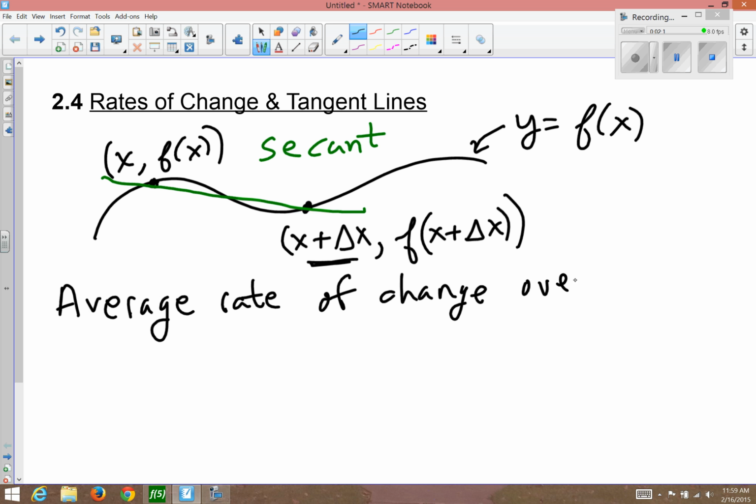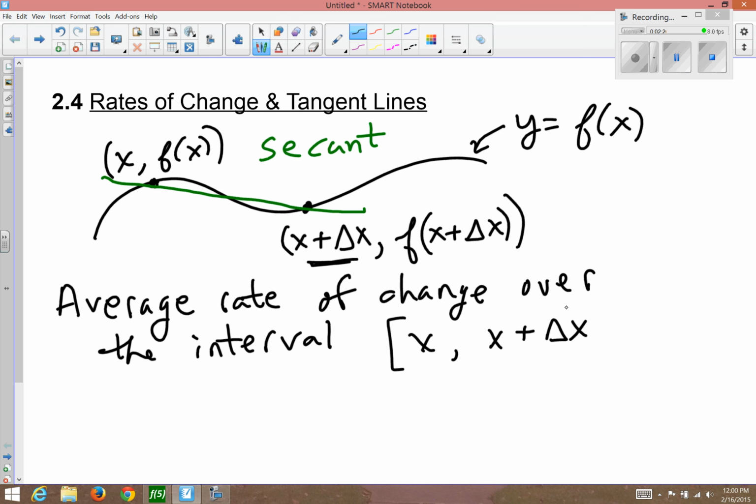over the interval from x up to x plus delta x. The average rate of change of a function over a given interval means the slope of the secant line.